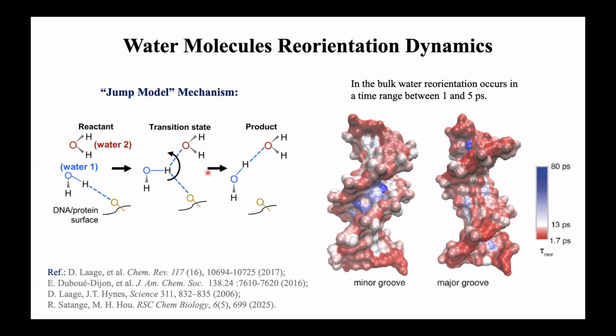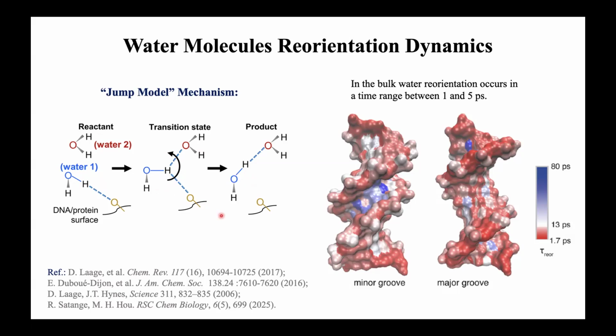During the jump, it temporarily forms a bifurcated hydrogen bond with these two acceptors, creating a transition, metastable intermediate state. The new hydrogen bond becomes stable once the old bond breaks.